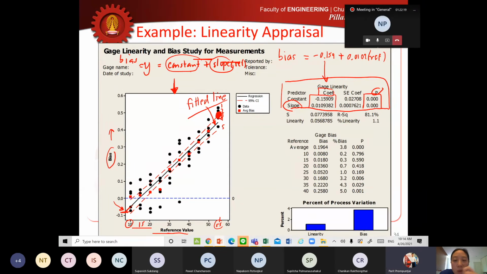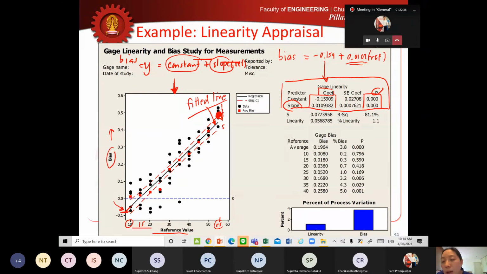My question is, now we want to test whether this slope term is significantly different from 0 or not, or is really significant in terms of statistics or not. So we have to take a look at the p-value number.